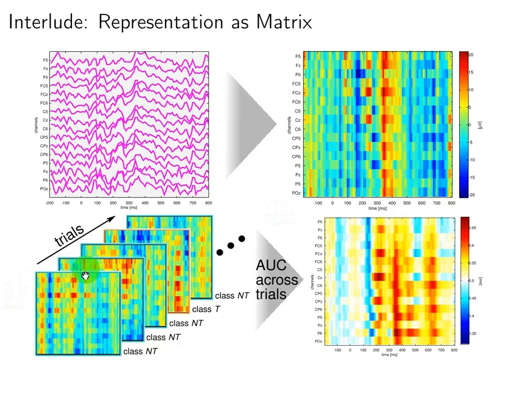Or we can acquire multiple trials of data corresponding to the target or non-target class, and then calculate the AUC across different trials and see that those P300 waveforms can be discriminably detected. What we see here is the AUC, area under the curve, a separability metric.